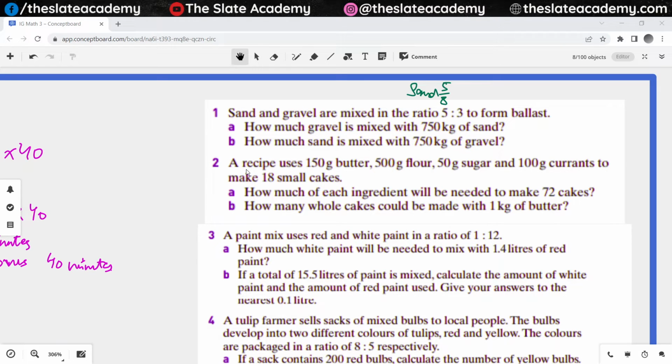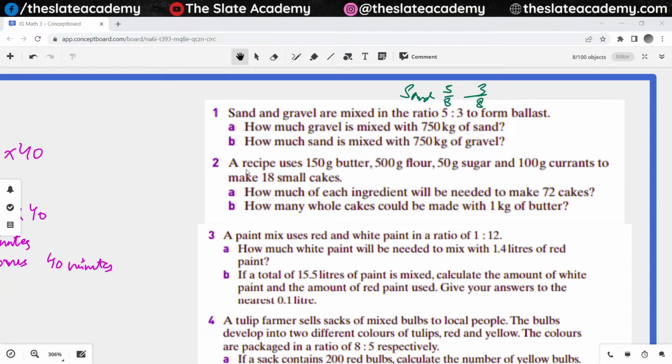So the first step, Sir Arman, he has suggested it right. There are 8 portions in total, and out of those 8 portions, 5 go for sand. So the ratio of sand is 5/8, and the ratio of gravel is 3 out of 8 in the total mixture.